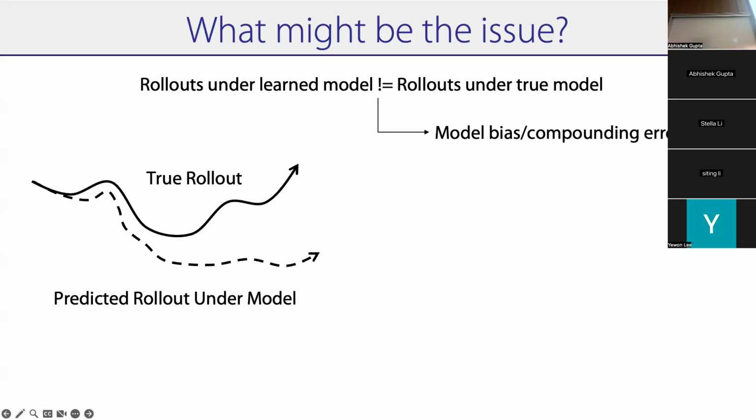So the point here is, let's say you learned a one-step model. The one-step model loss is pretty low, but the multi-step model deviation is pretty high. And the interesting thing is this happens even for non-chaotic systems.